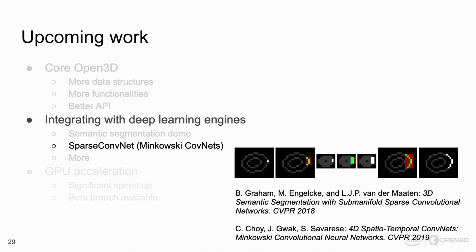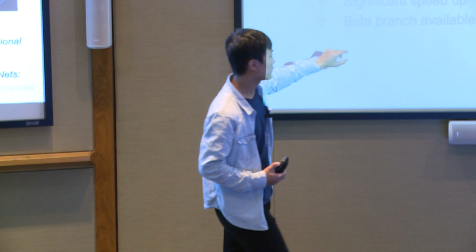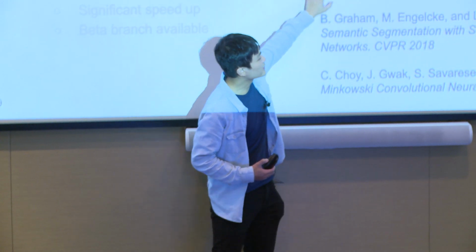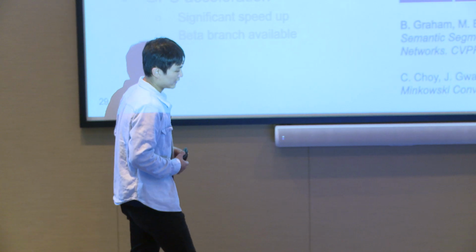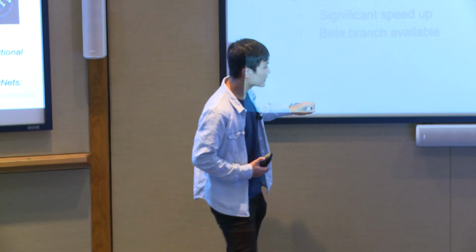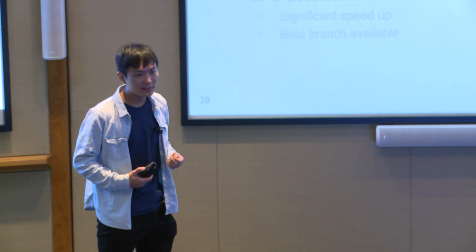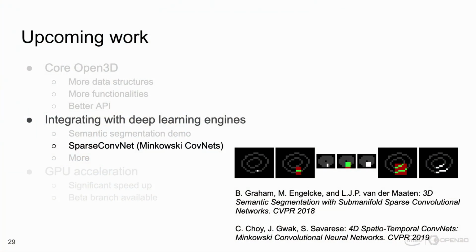So in the Sparse Convolution work, one of our lab members came up with this Minkowski Engine that operates on top of sparse 3D data. The demo here we see is sparse convolution on 2D data. This can be extended into 3D space. This method is one of the leading methods in one of the semantic segmentation benchmarks right now.